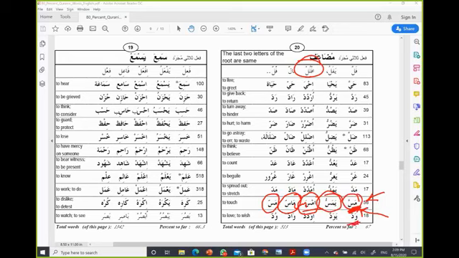Wadda, meaning to love, to wish, to hope. Wadda, that you would want such a thing to happen. Wadda kathirun minhum, etc. Wadda, they would wish, they would hope, they would want, or wanted, wished.